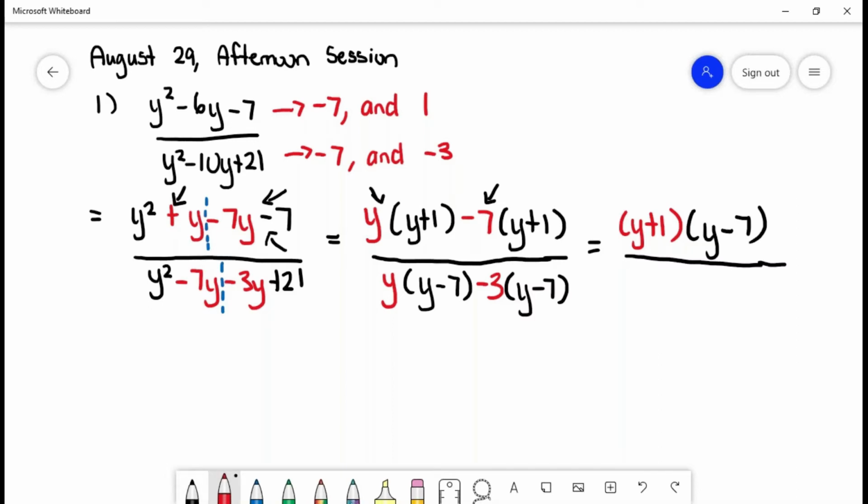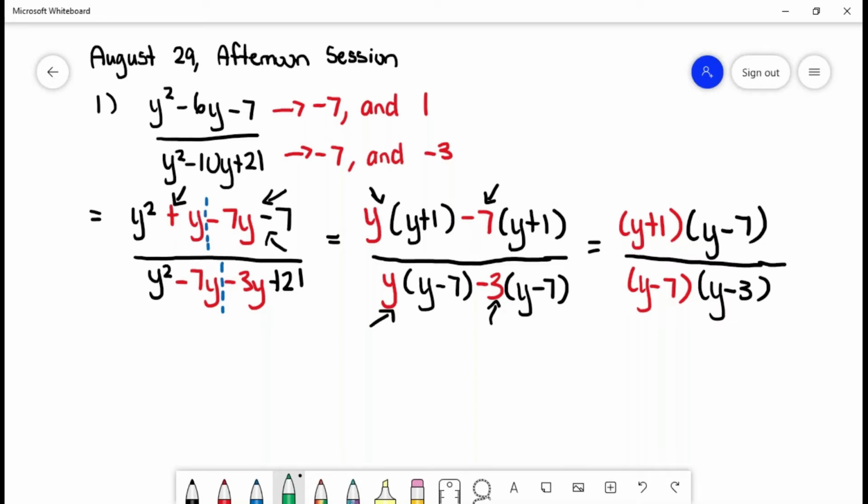Yet again we have a common bracket, which is y minus 7, multiplied by the terms y and -3. So I'm going to write y minus 3, because we have y multiplied by y minus 7, the common bracket, and a negative 3 multiplied by y minus 7, yet again a common bracket.